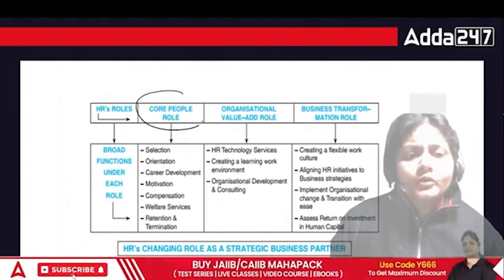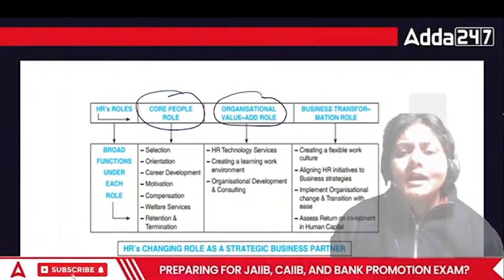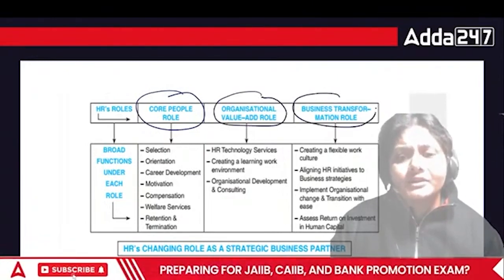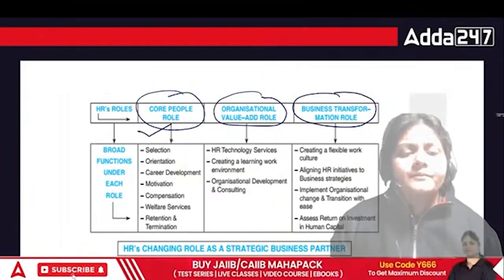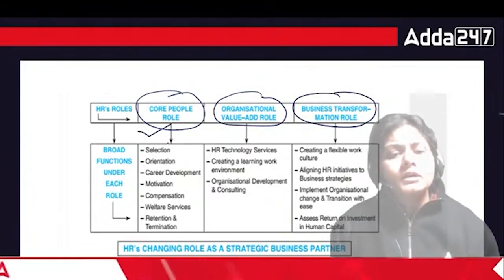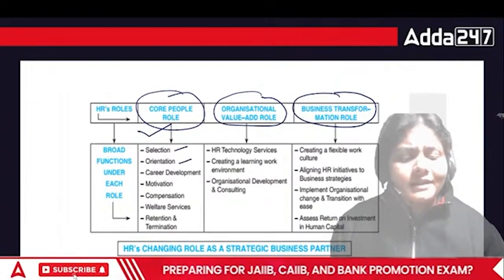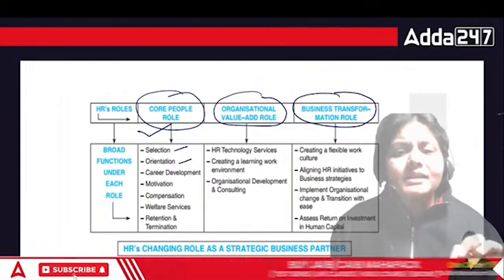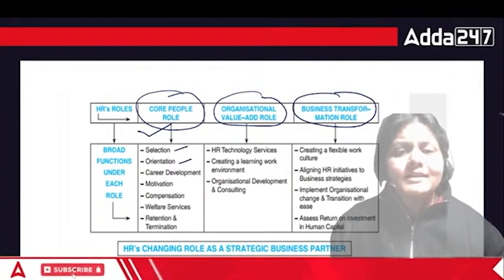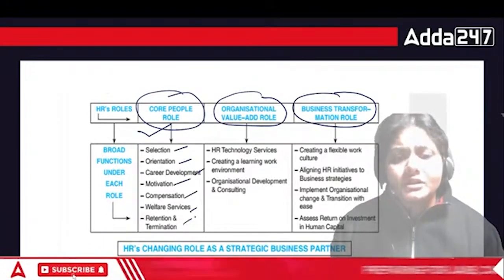The number one is core people role, number two is organization value added role, and number three is business transformation role. What is the meaning of core people role? The core people roles are selection and orientation. These all are the basic HR roles. So that is selection, orientation, motivation, career development, compensation, and all.